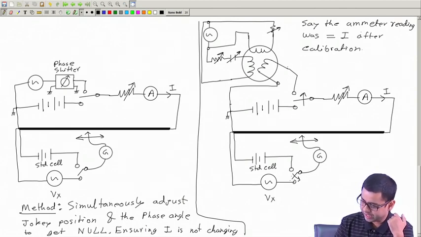But before we actually connect this unknown source, we have to ensure that this has a perfectly rotating magnetic field and the magnitude of the EMF voltage is the same for different positions or different theta.